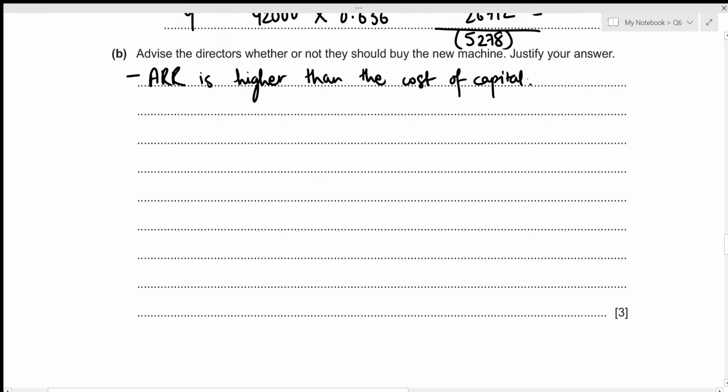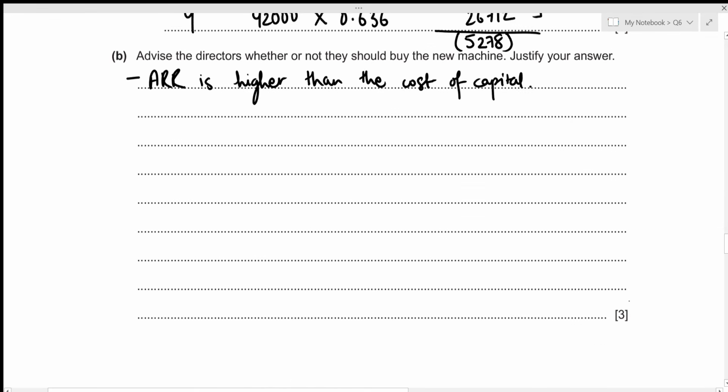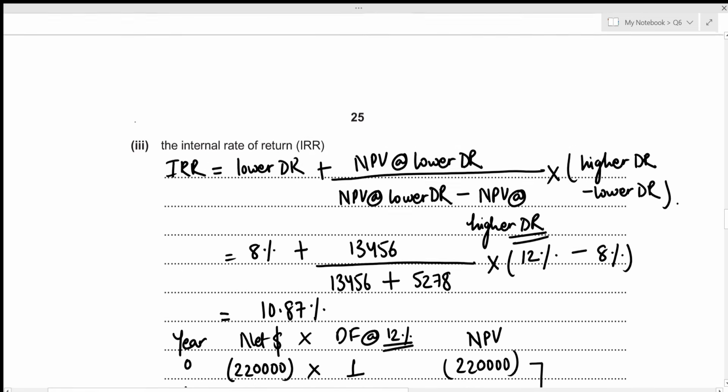Let's look at the second part. For the second part of this question, we figured out our net present value. And we can see that the net present value is a positive amount. So that's a good thing. Let's write it down. We can see that the net present value is positive. And for the third part, we figured out the internal rate of return.